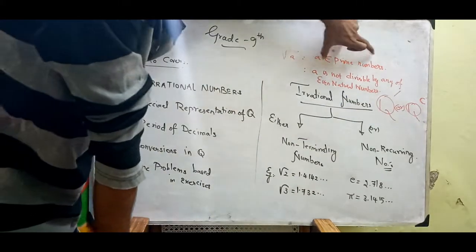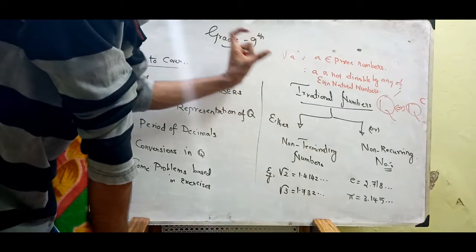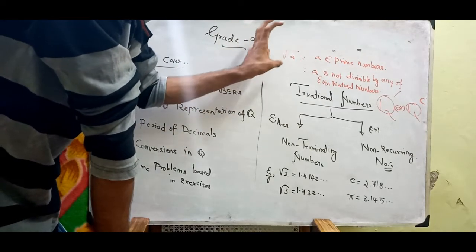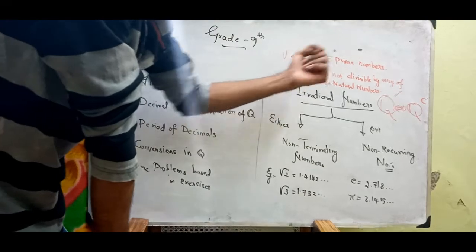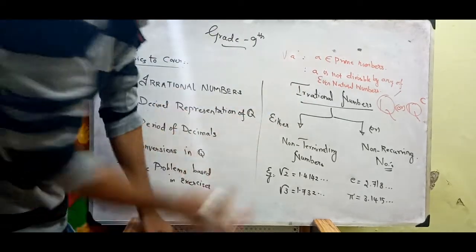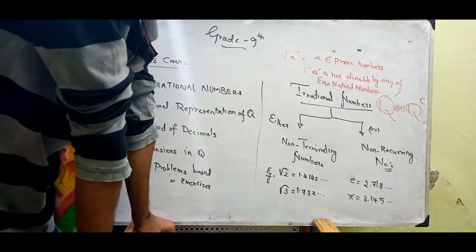Either you can write in this way or this way. An irrational number can be represented as one of these forms, not only this form. Root a where a is a prime number, or a is not divisible by any of those even natural numbers.